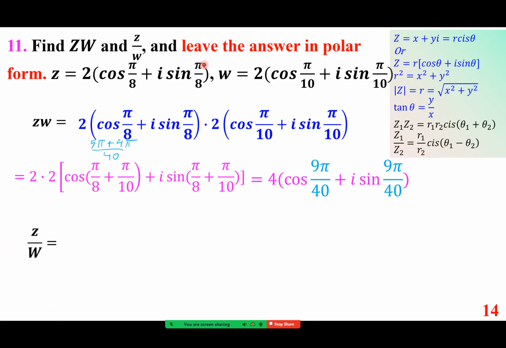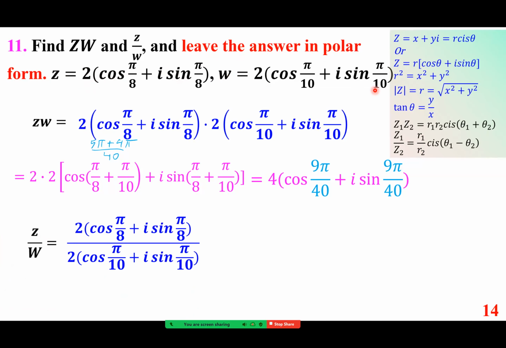The division says r1 over r2. So this is the first one, okay? z is the first one. 2 divided by 2. First, let's just plug in this divided by that. And then the 2 cancels out the 2. And this becomes basically cis pi over 8 minus pi over 10.